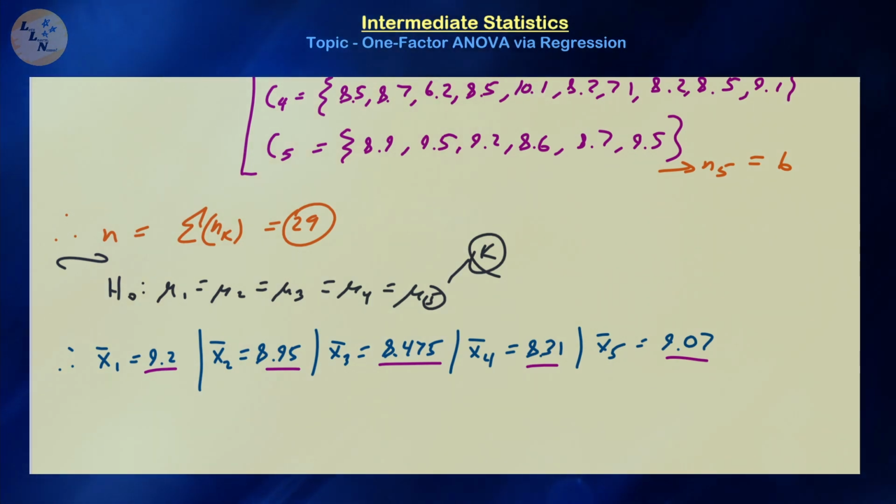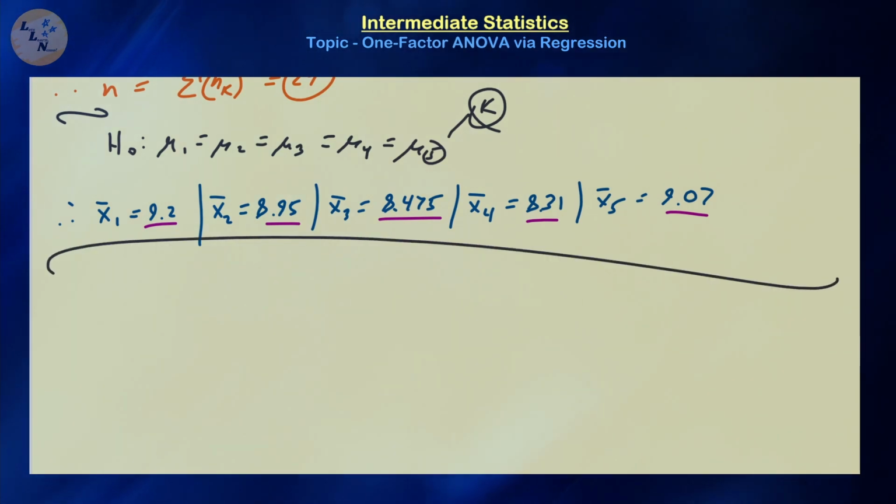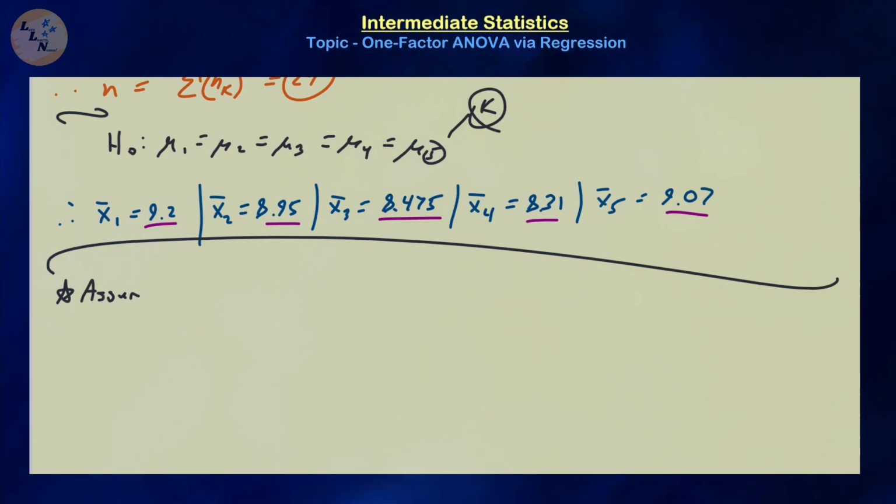Okay, so let's also state a couple assumptions that need to be met in order for us to conduct this test. Of course, you should already know this from, for example, the pooled variance t-test and something like that, but let's just review.